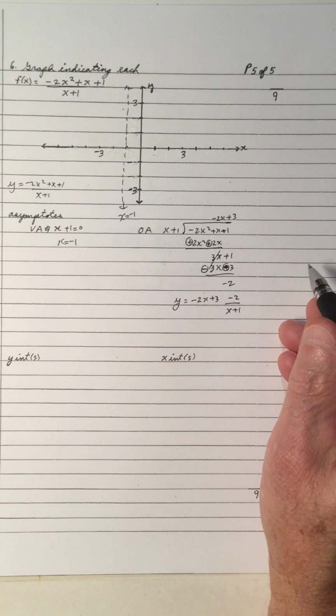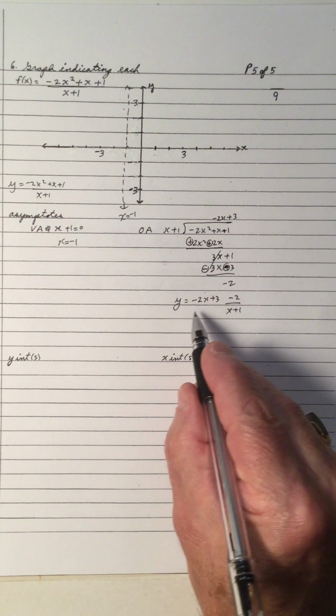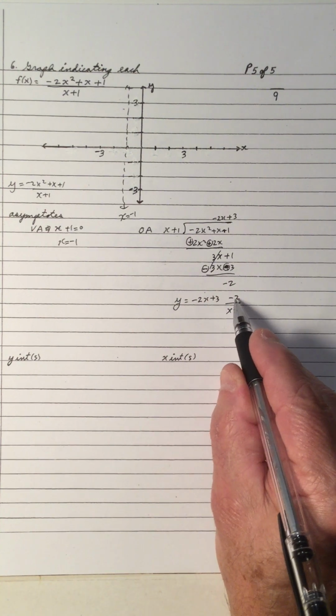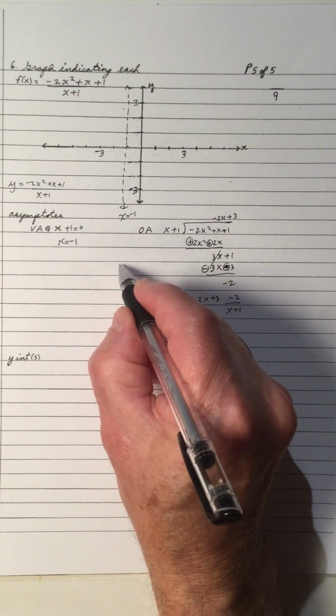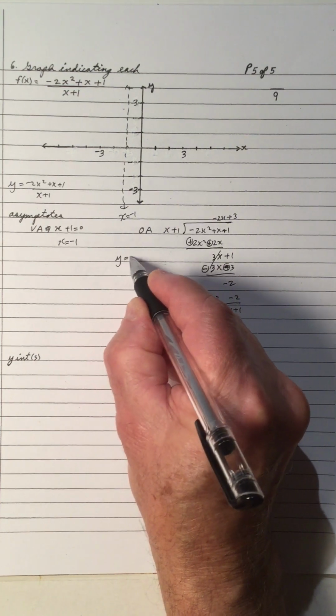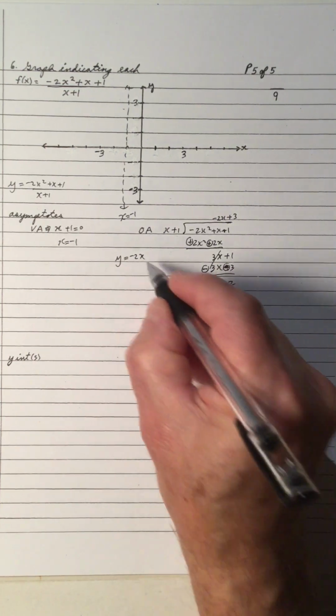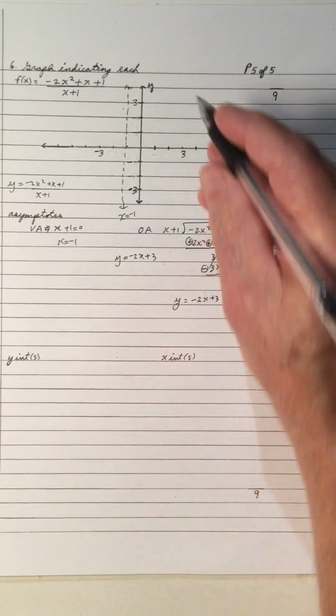So what happens here, as x goes to infinity, this fraction goes to 0, so y is going to that. So the oblique asymptote is y equals -2x plus 3.